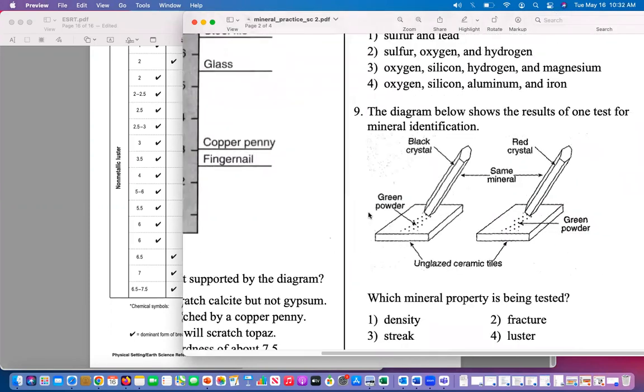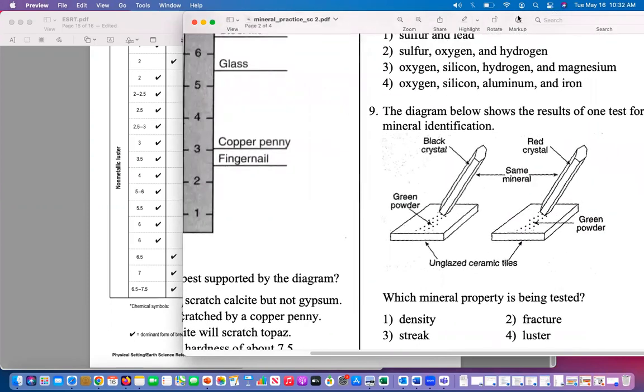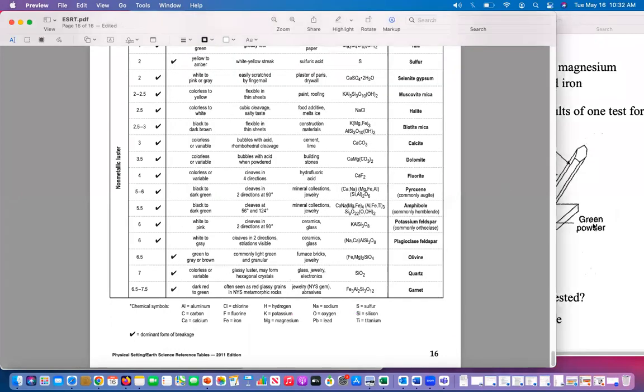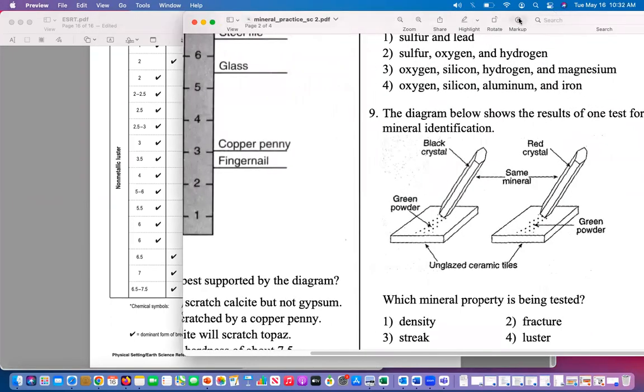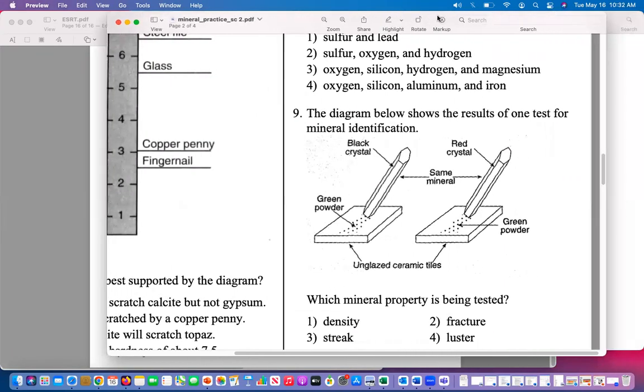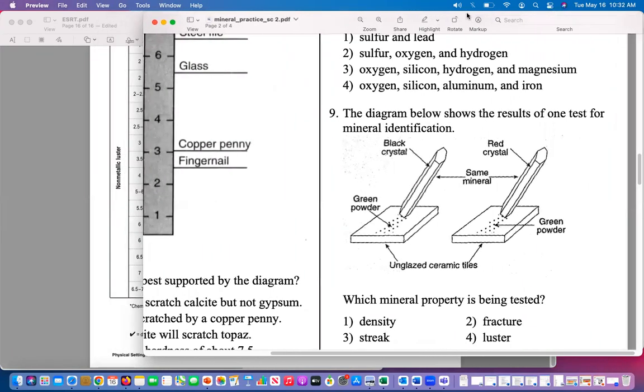All right, number 9. Number 9 says the diagrams show below the results of one test for mineral identification, and it's showing that you're taking the powder from the mineral.